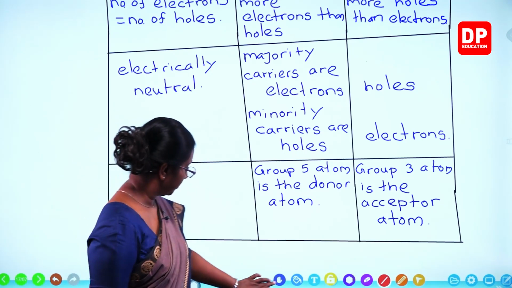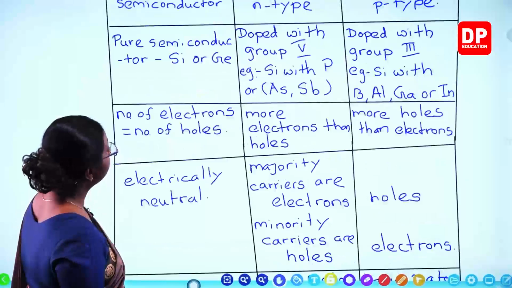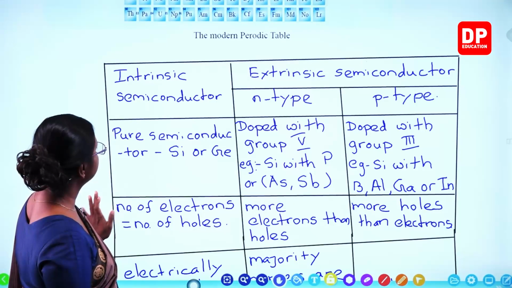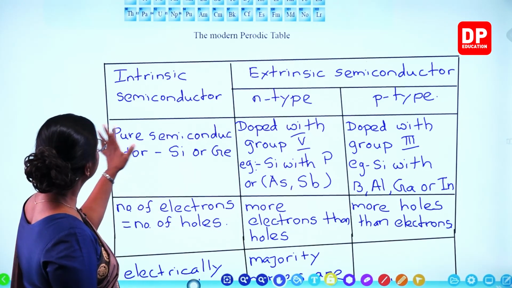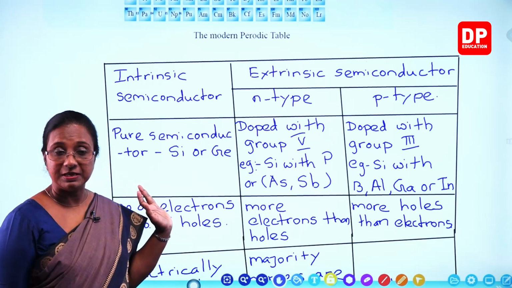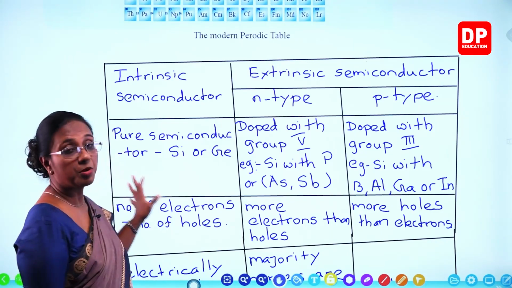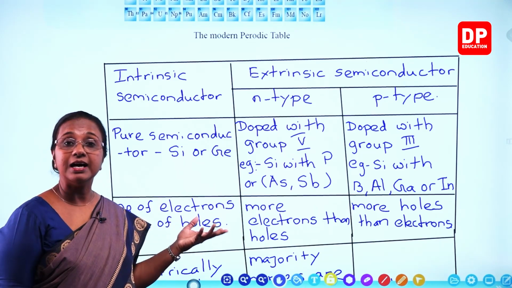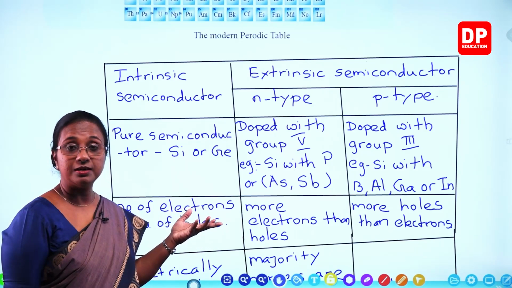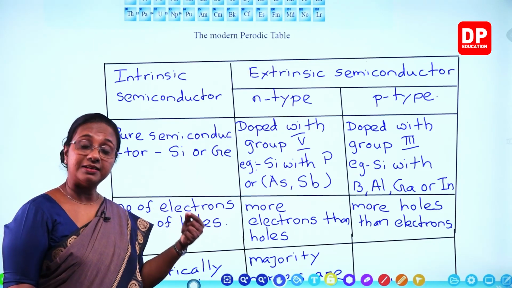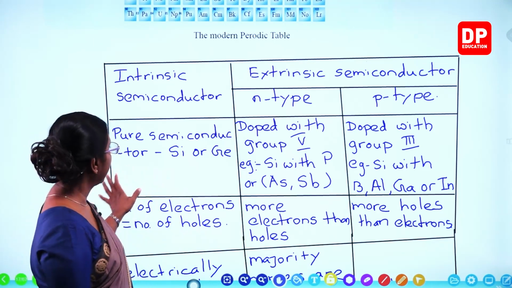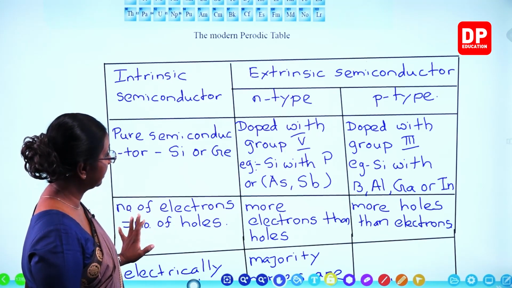Is that okay, students? So all what we discussed, I have summarized here. If it is the pure semiconductor, silicon or germanium, we call it the intrinsic semiconductor. They conduct a small amount of electricity at a higher temperature. Due to the thermal energy, some of the bonds are broken and the electrons come out as free electrons, and because of that they conduct electricity.